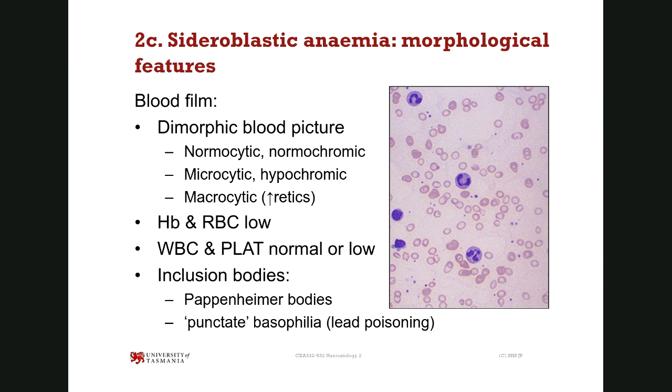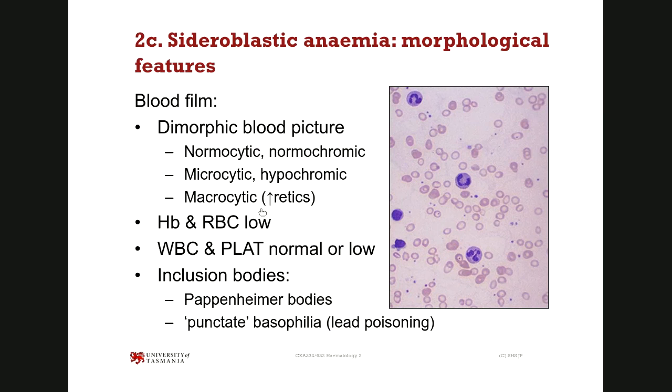You can see here that the cells are actually quite small in this case. So we've got microcytic hypochromic cells, but we've also got macrocytes as well, or reticulocytes. So the normal hematopoietic clone that's functioning is being stimulated to release red cells earlier to try and alleviate the anemia and the tissue hypoxia.